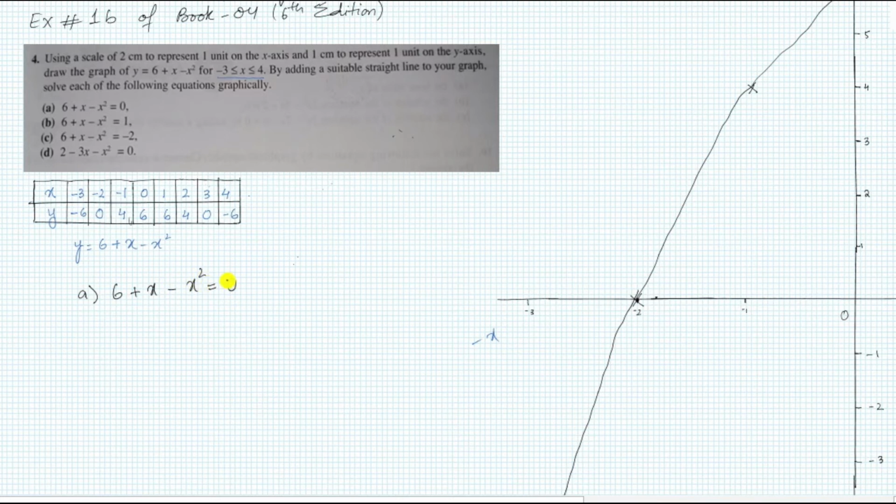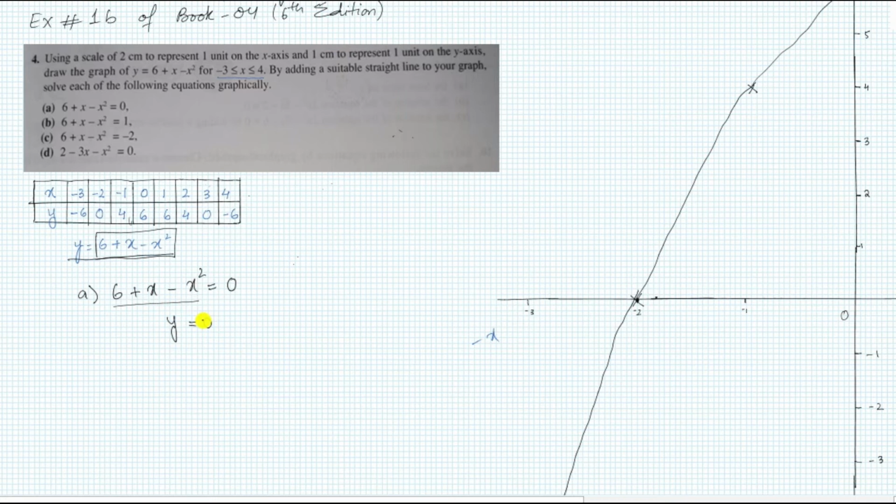If you compare this equation with the given y function, which is y is equal to 6 plus x minus x squared, the right hand side of this function is the same as this one. So in place of 6 plus x minus x squared, we can write y. So y is equal to 0.